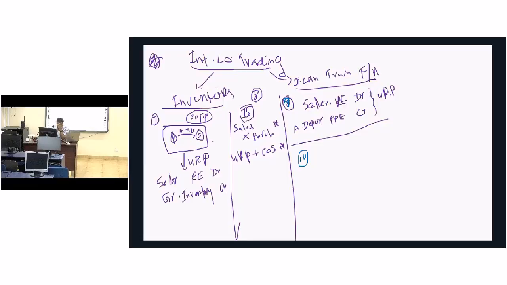Over provision of depreciation as a result of this should be eliminated. Now how to do it? Over provision of depreciation, again, who is providing depreciation? The buyer.